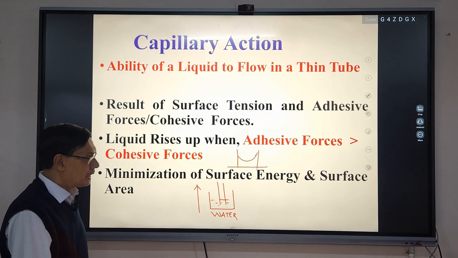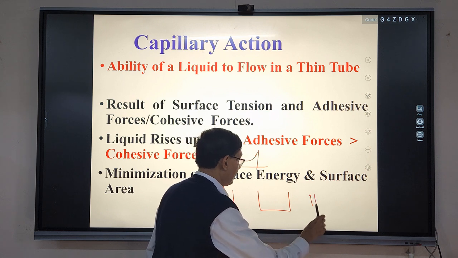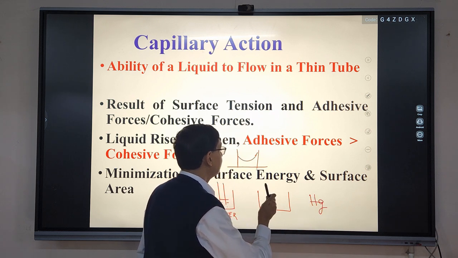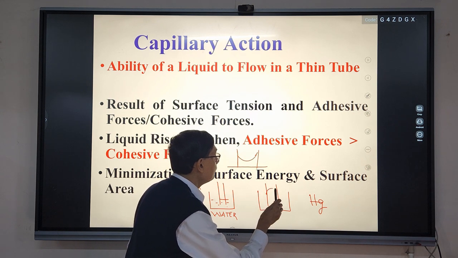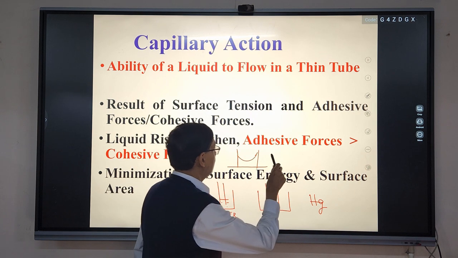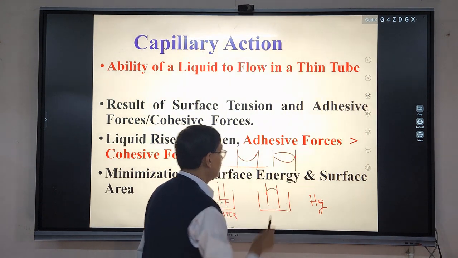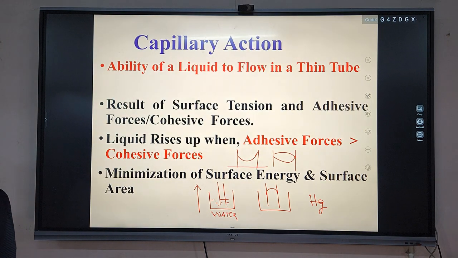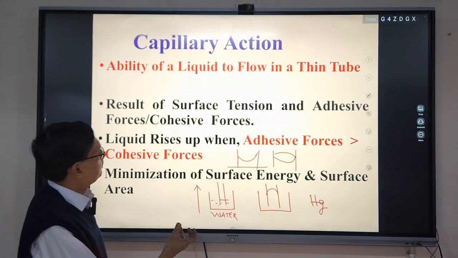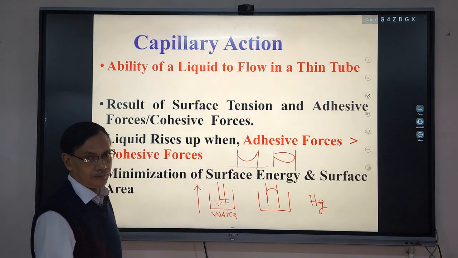But if I take mercury, I'll find this type of shape. Now, meniscus you can call it like that. So this capillary action is dependent on surface tension and adhesive and cohesive forces.